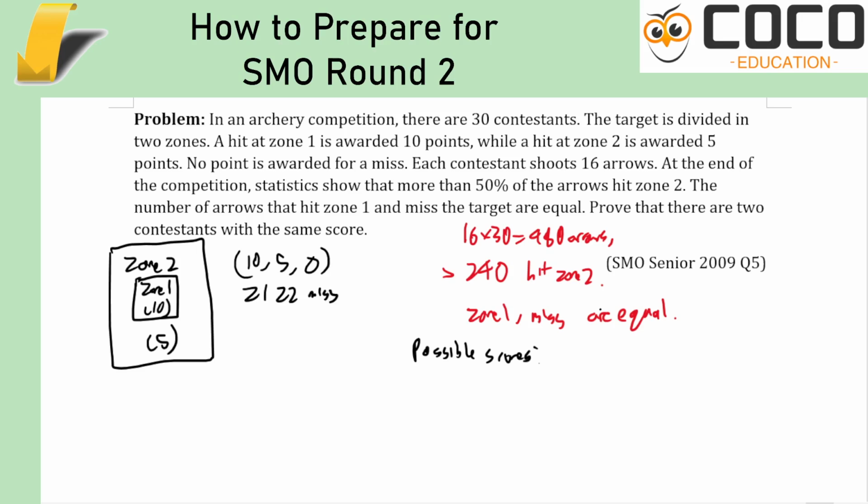So the possible scores are going to be 0 to 160 if you hit zone 1 every time. In total, there are 33 possible scores. But there are only 30 contestants.